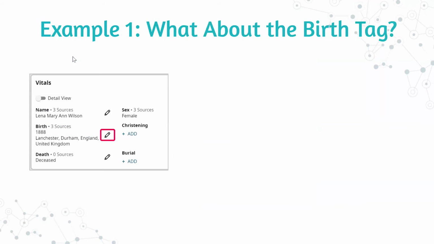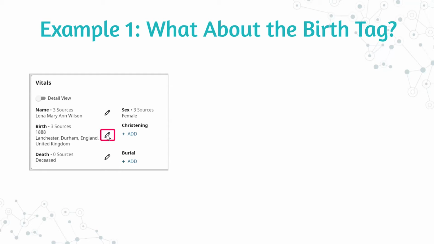So speaking of going to Lena's record, let's talk about how we can tag that source we just added to the birth, since birth was not an option. So you probably recognize this is a close-up of the vitals section on Lena's profile page. Next to birth, there is an edit icon.